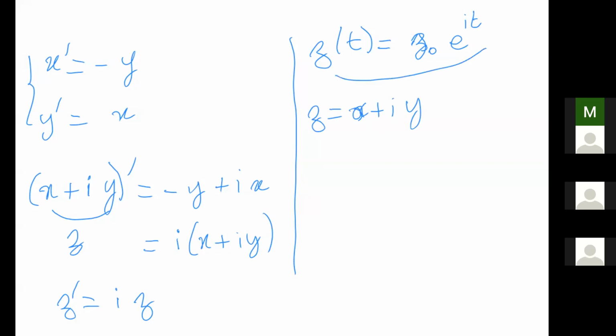So I can do that. So x of t equals the real part, and z0 equals x0 plus i y0.